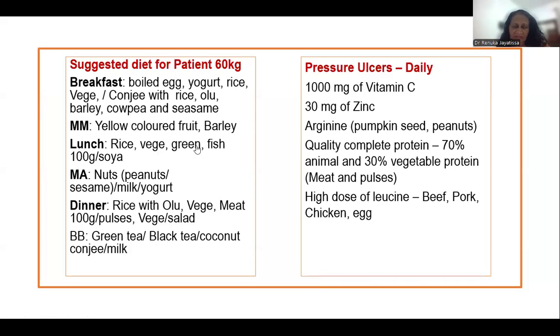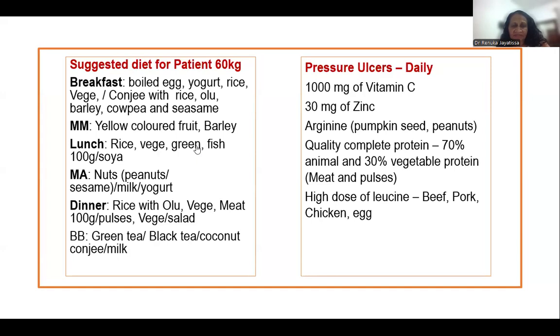The mid-morning snack has some protein product as well as a vitamin A rich one, and lunch again is protein plus energy. For the mid-afternoon, the best are nuts, peanuts and sesame, and because it does not fill up the tummy, they can have the dinner without much problem.